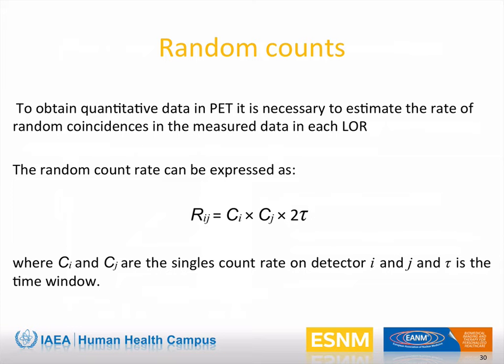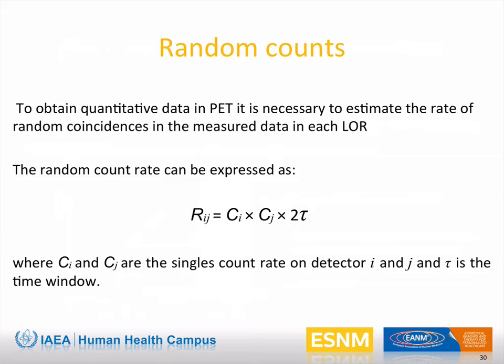While scattered events typically generate a structured background, random events generate a more uniform background. Nevertheless, their importance becomes significant as the activity and then the single count rate increases. In fact, to obtain quantitative data in PET, it is necessary to estimate the rate of random coincidences in the measured data in each line of response.